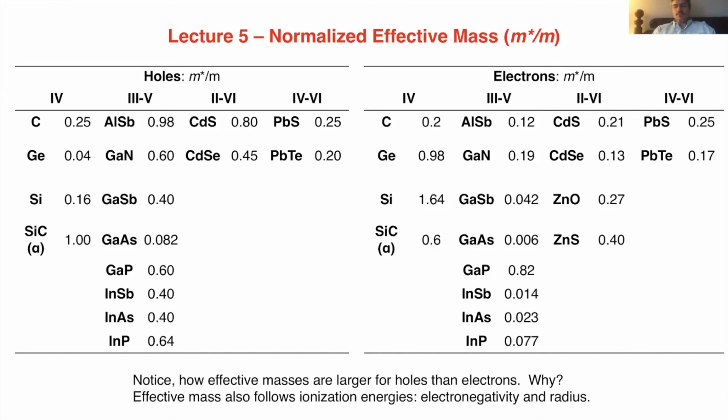The overlap is poorer. So these differences in effective mass for electrons and for holes reflect the orbital parentages of the semiconductors. Cadmium 5s gives you a broader band than sulfur 3p, and that's a consequence of orbital overlap.